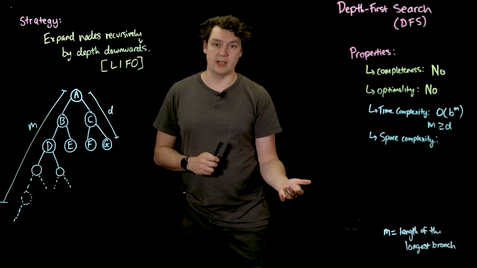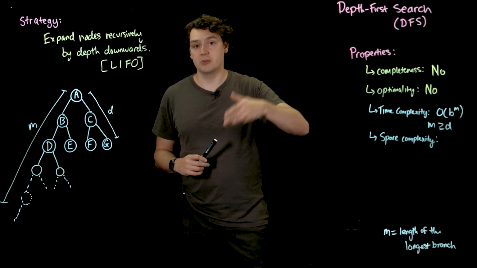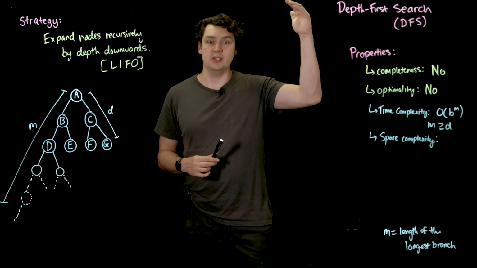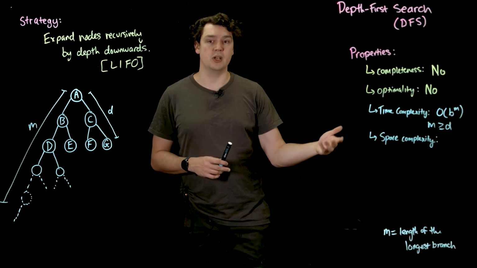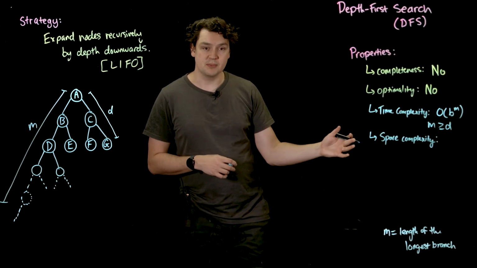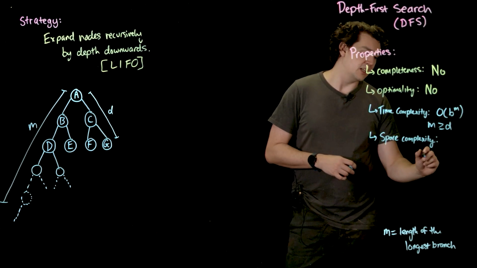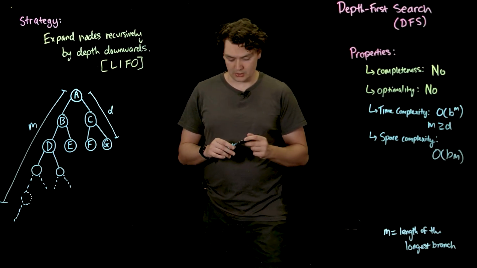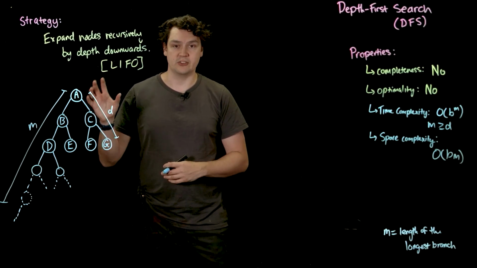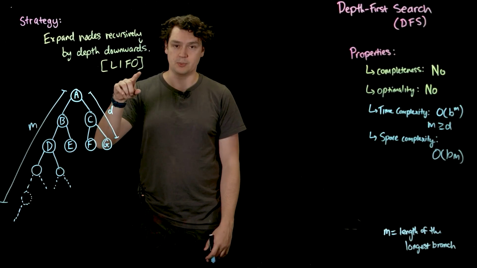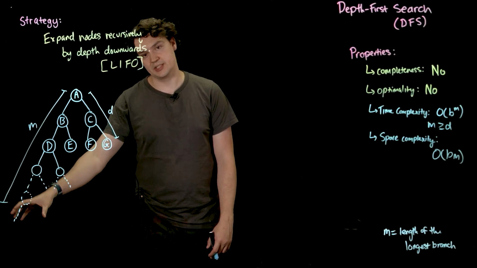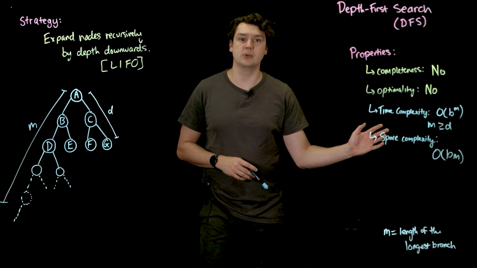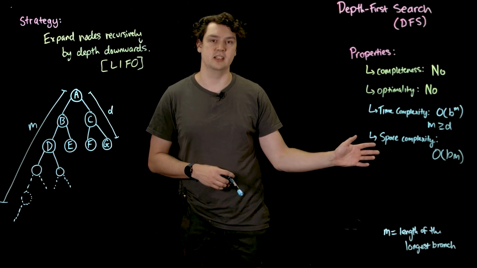You can just chuck it away, because we've gone as far down as we could possibly go. And that can recursively happen as we backtrack, which means you're throwing away more and more of the search tree. What this means for space complexity is that we end up with O of BM. The only nodes we might actually need to keep track of are essentially the branching factor times the maximum depth of the tree M. We'll explore and justify that in a later video.